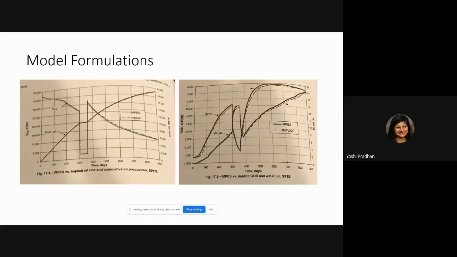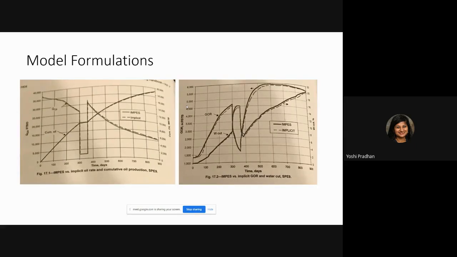So here's just some sample of what outcomes you can get from the IMPES versus the implicit oil rate and cumulative production. You get some similar results in the chart on the left. And then on the chart on the right, you could get some IMPES versus implicit GOR and water cut. These all come from SPE Monograph 9.